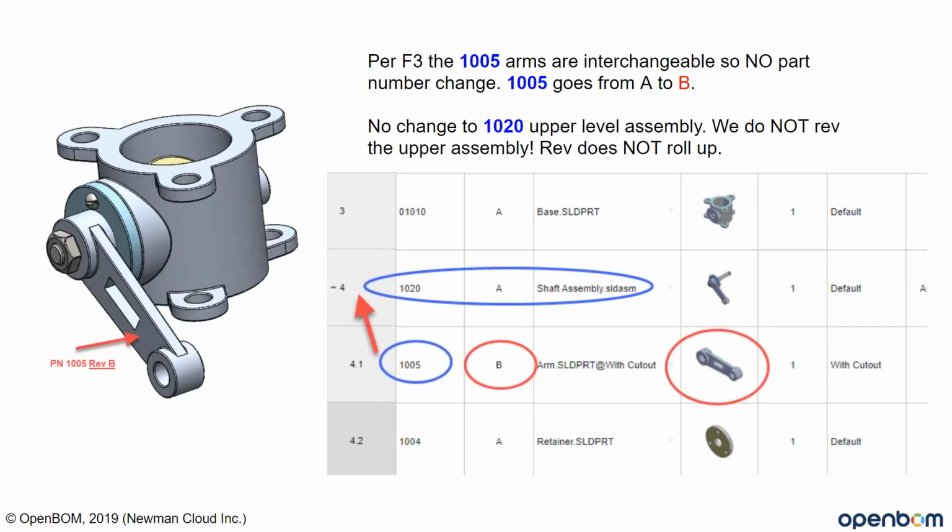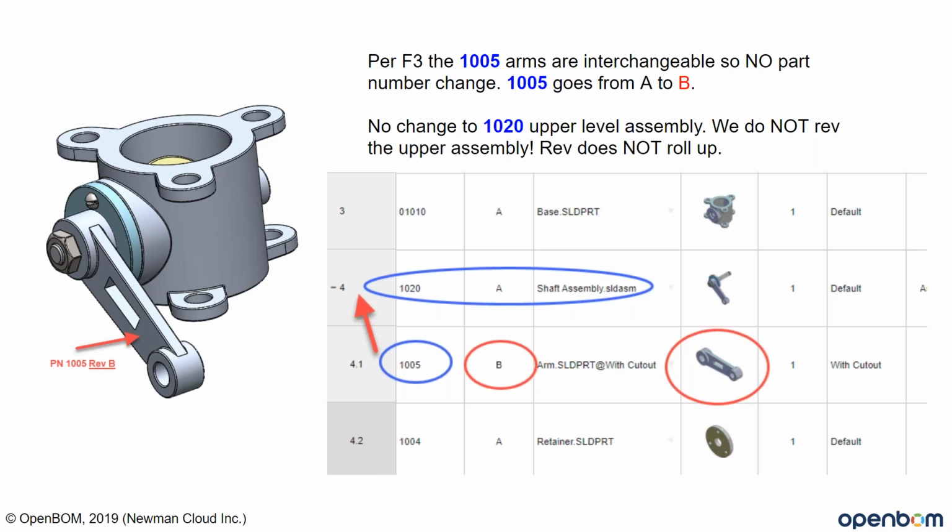So we got some demand to lighten things up. We've cut a window in the part 1005. And we used our CAD system to do that. And we probably generated another drawing of the part 1005.